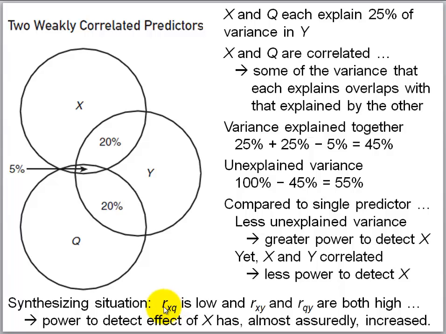So it is probably the case that the considerable reduction in the unexplained variance is almost assuredly a stronger effect than is the negative power that comes from the very modest overlap. So in sum, almost assuredly, the power to detect the effect of X is greater here than was the case in the bivariate situation.